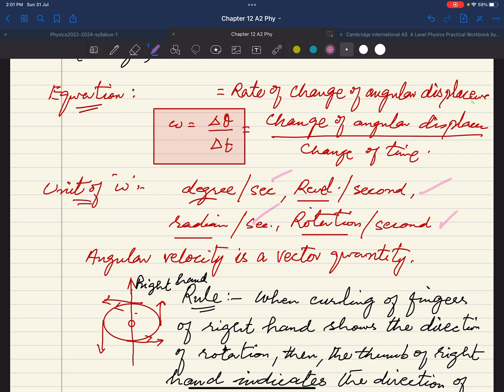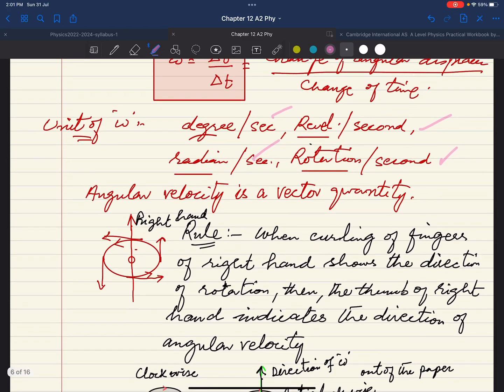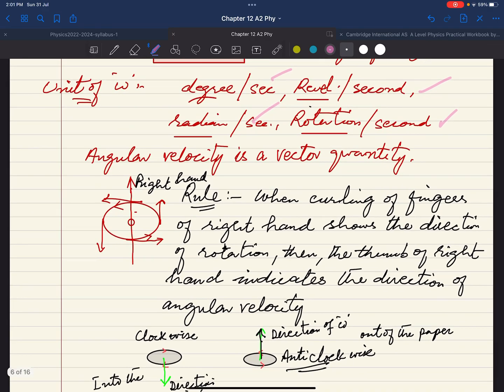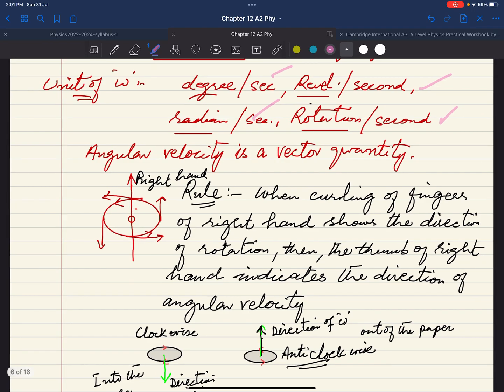But in most cases you will see that we are talking in terms of degree per second or radian per second, but sometimes you will see rotation per second or revolution per second as the unit of angular velocity.